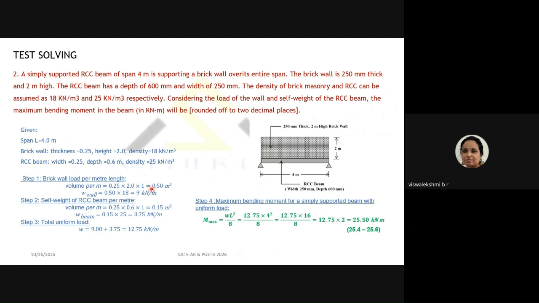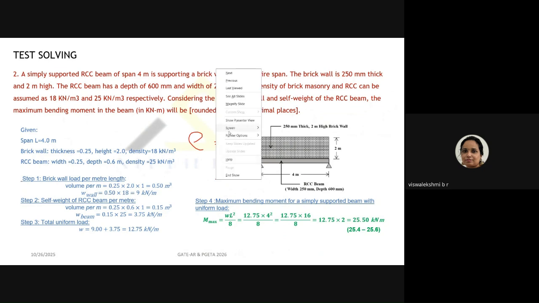And they have given the density. If density is given and volume is given, then we can find the weight. Density equals weight by volume.